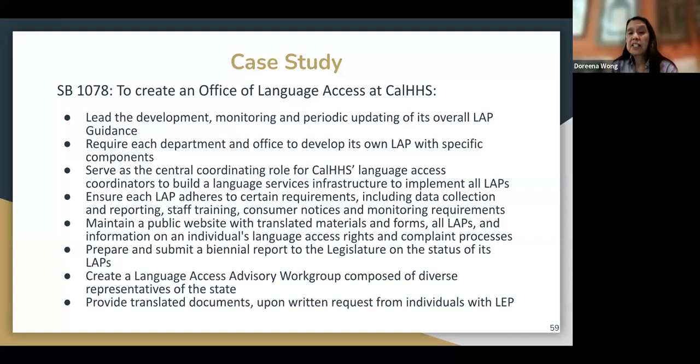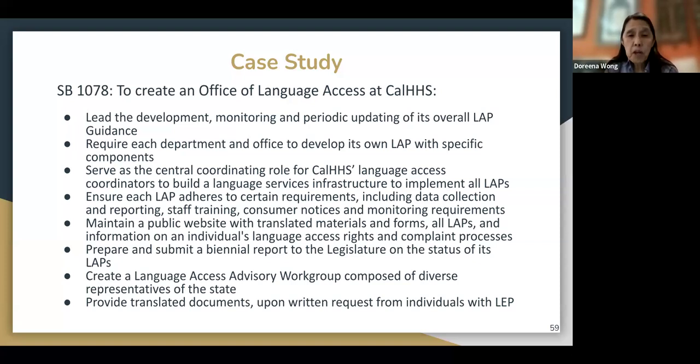It would provide a central coordinating role for this particular office. And it provided some more specifics around what the Language Access Plan would do and what the Office of Language Access would do. Much more specific requirements and more transparency and accountability, right?